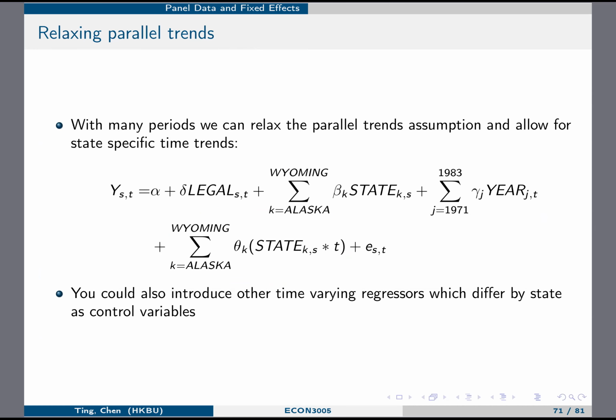By doing so, because we already control for the different time trend for each of the states, we no longer have to worry about whether each of the states actually has a different trend in terms of mortality rate among the youngsters over time.